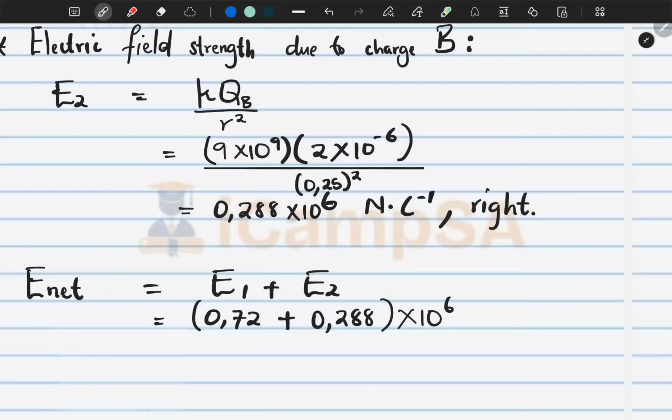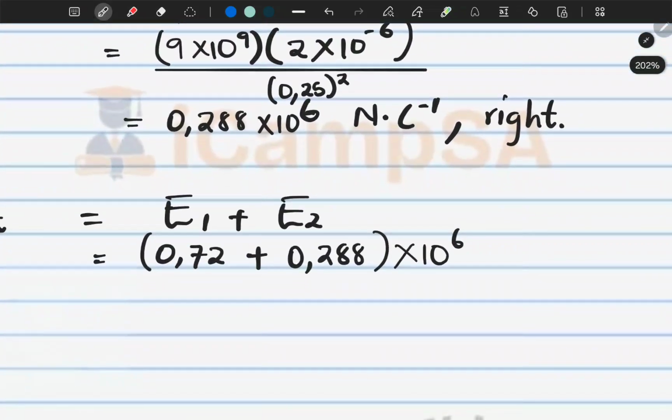Remember, mathematically I'm allowed to do this. You could have done it by taking this whole thing and putting it here, but you'll get the same answer. So 0.288 plus 0.72 is 1.01 times 10 to the 6 newtons per coulomb.